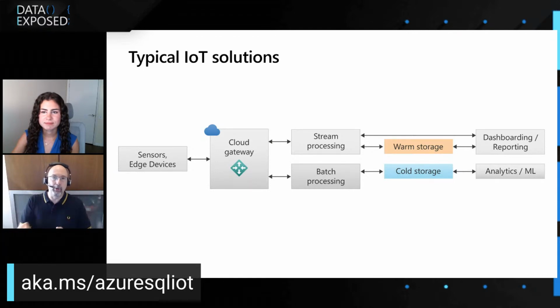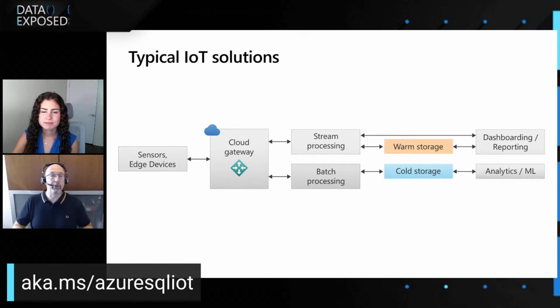And then behind the scenes we have different types of data stores, right? And the reason why we want to have multiple data stores is because depending on our needs, we want to find the best price-performance ratio for the different types of data points that we want to store, right?